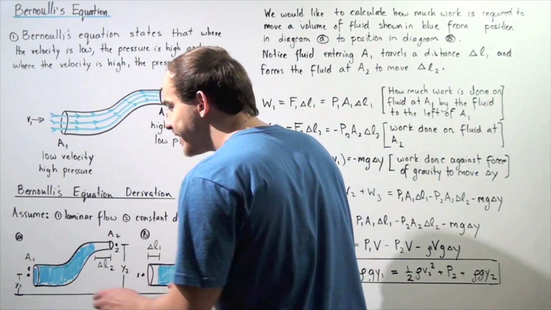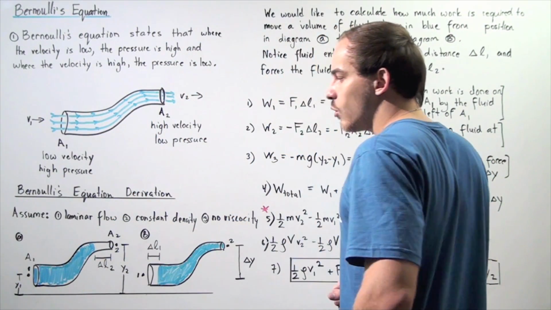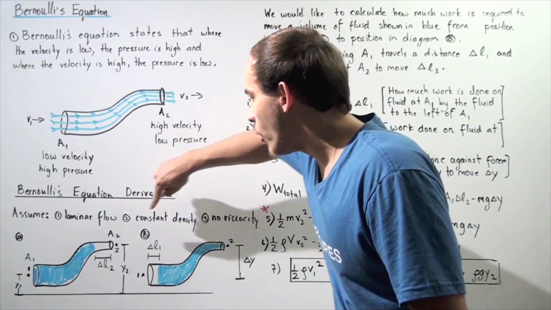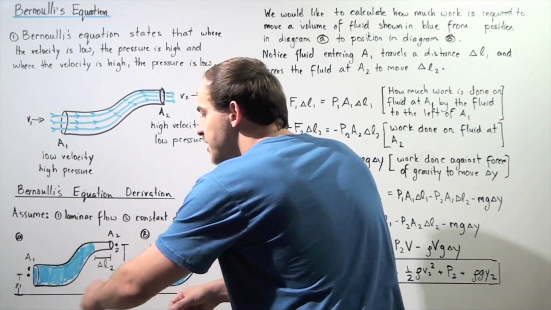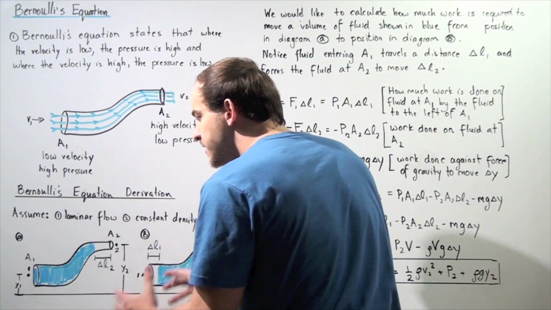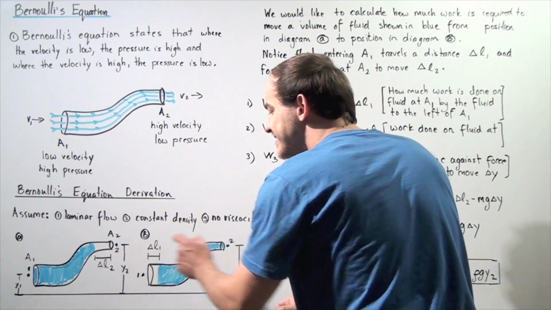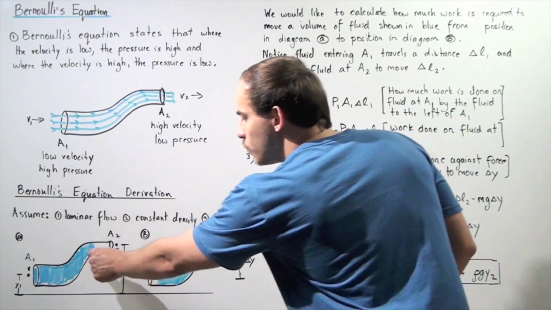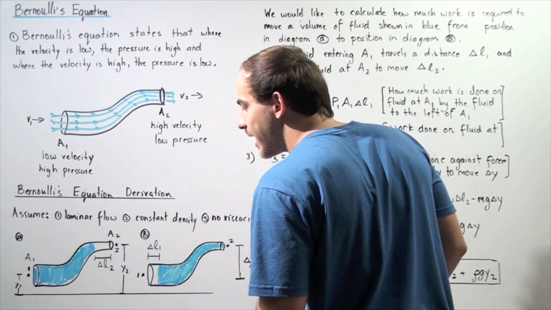So point 1 is given by diagram A and point 2 is given with diagram B. Point 1 begins in this region and point 2 begins in this region. So notice that our entire blue volume of fluid moves from 1 to 2, and it moves a distance of change in L1 on the left side, and it moves a change in distance L2 on the right side.